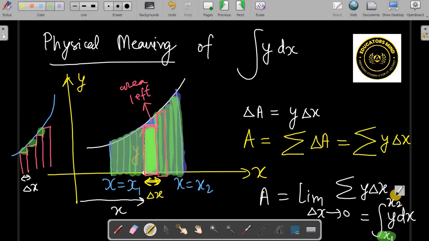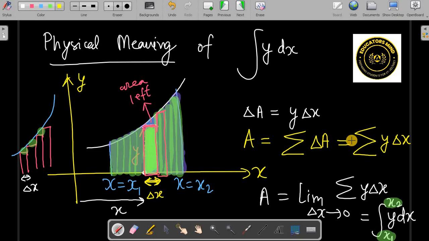This is integration of y with respect to x. This is the total area, because when you take a very small, infinitesimally small strip, it will give the exact area, right? So that's what it means.